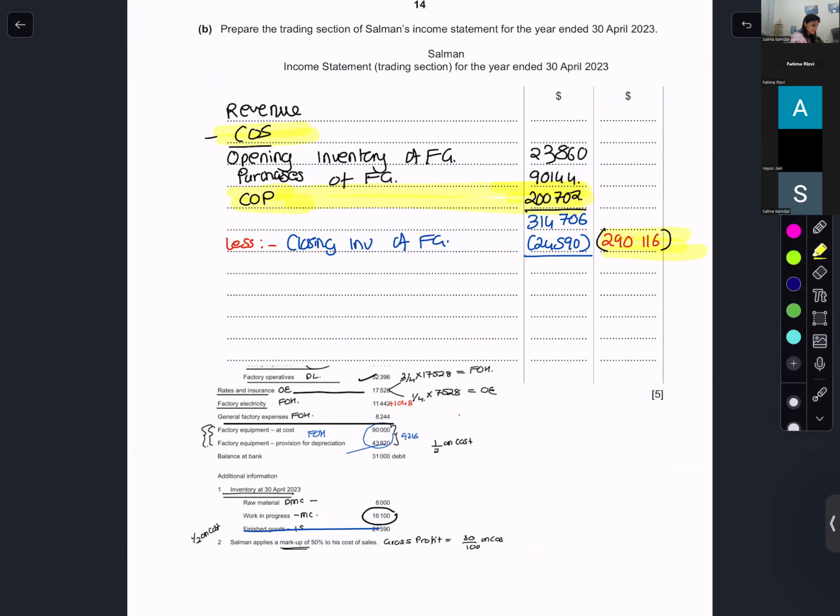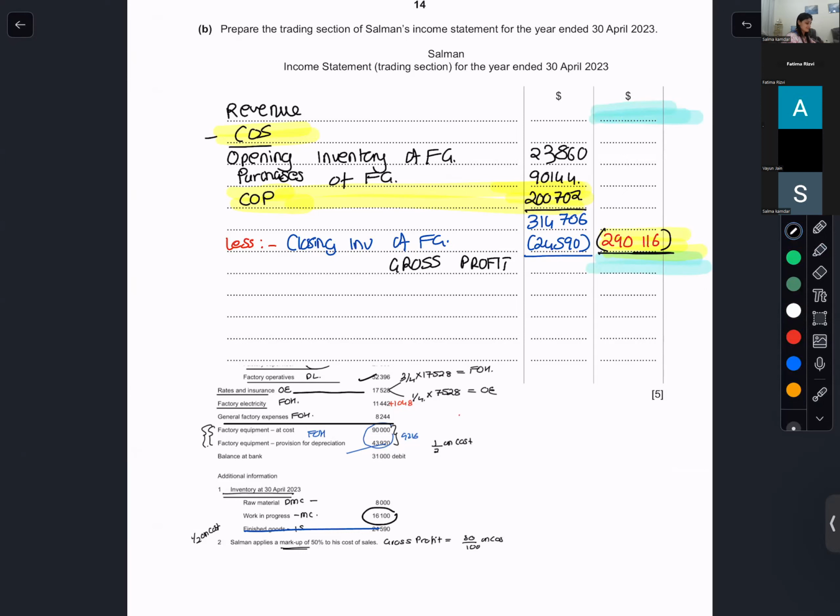Now I know that my revenue minus cost of sales gives me gross profit. Gross profit is 145,058. Wait, we need to know how you arrive at the conclusion. People should understand, right?